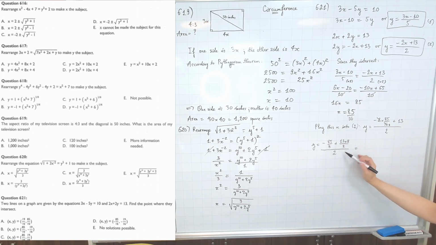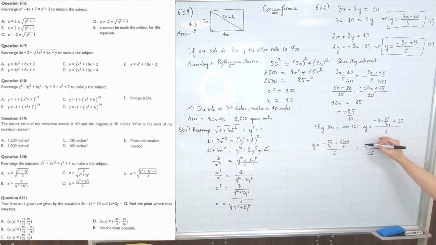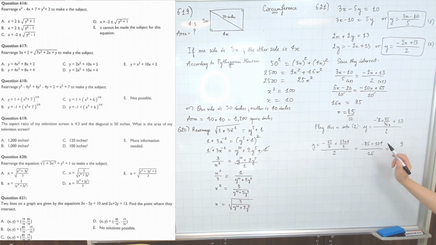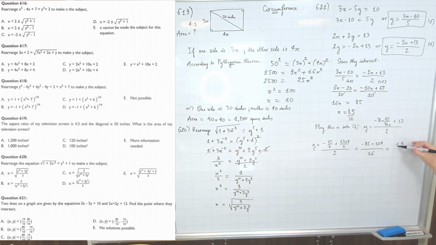Divided by 8 and divided by 2 is divided by 16, isn't it? And you're going to have minus 85 plus 104. 104 minus 85 is going to be 19 over 16, isn't it?